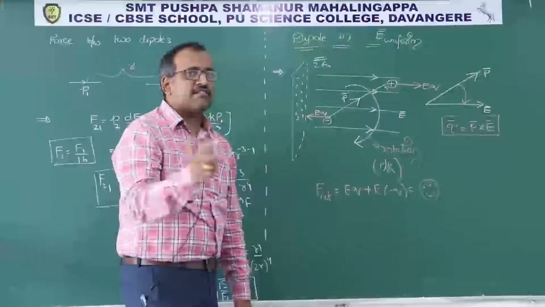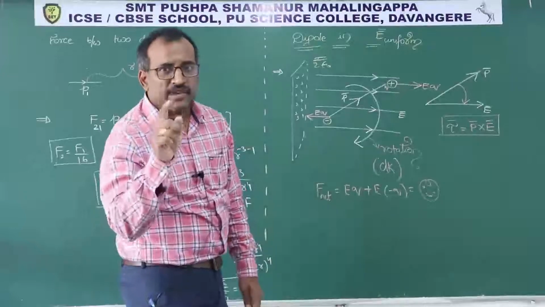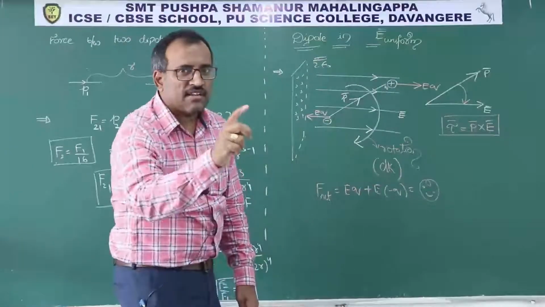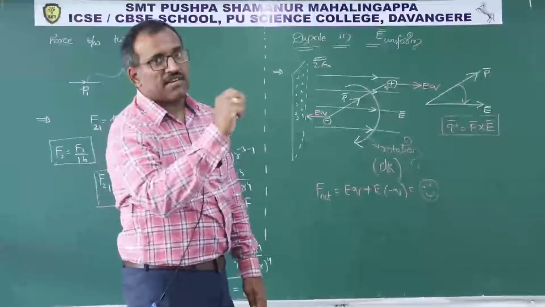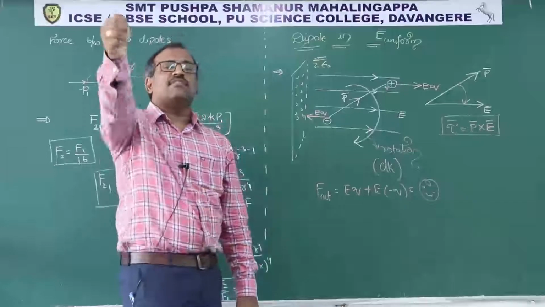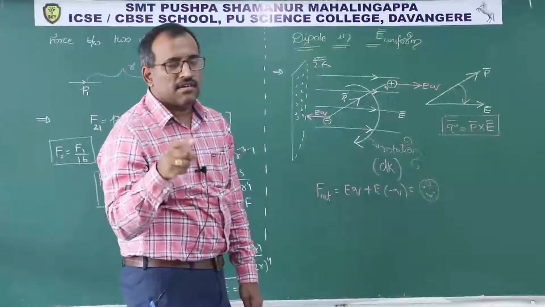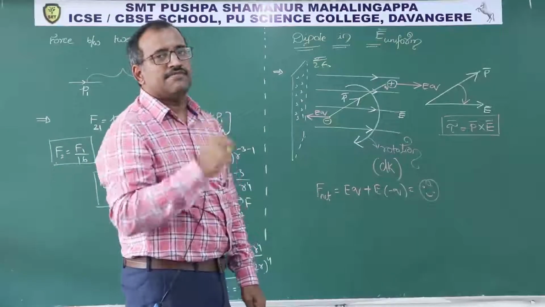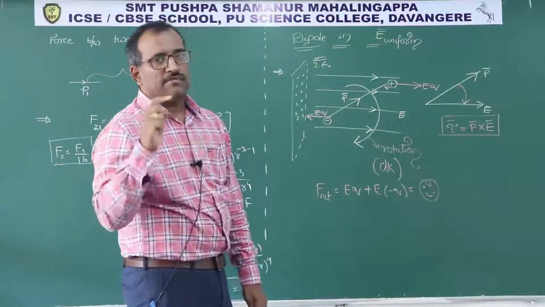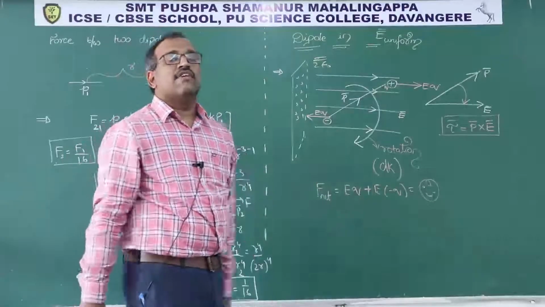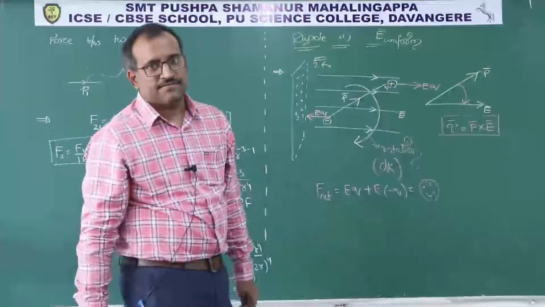Whether it is electric dipole or magnetic dipole, whether it is electric field or magnetic field. Whatever may be the dipole, whatever may be the field, but remember, relation should be there. Electric dipole, electric field. Magnetic dipole, magnetic field. Always the net force obviously becomes 0.